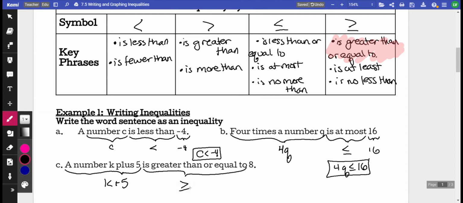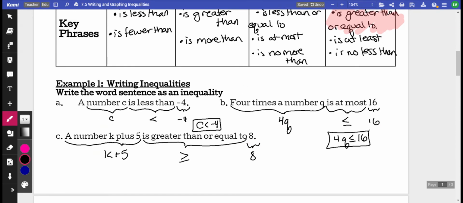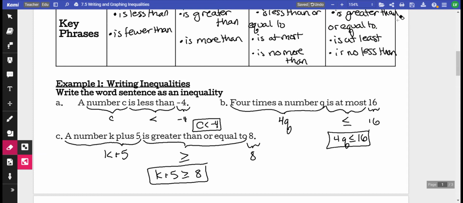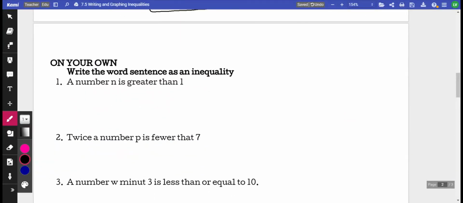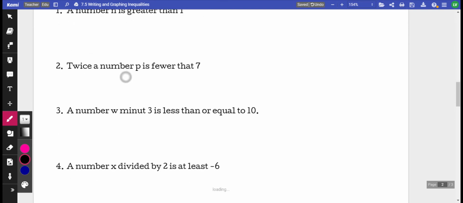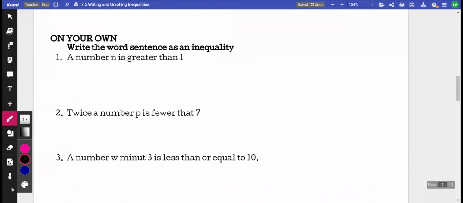Greater than or equal to 8. So K plus 5 is greater than or equal to 8. I would like you to try these 4 on your own, and check when you're finished.